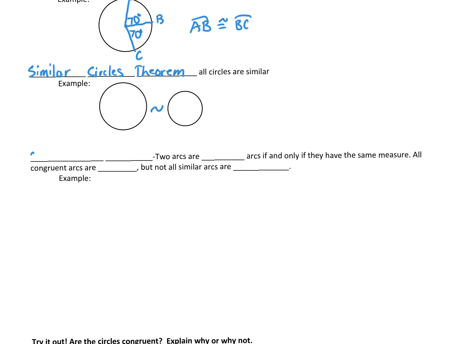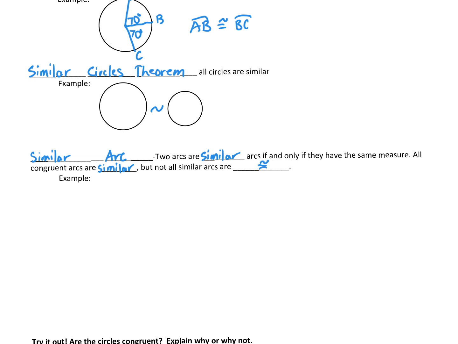However, the similar arcs theorem basically says that two arcs are similar arcs if and only if they have the same measure. All congruent arcs are similar, but not all similar arcs are congruent.